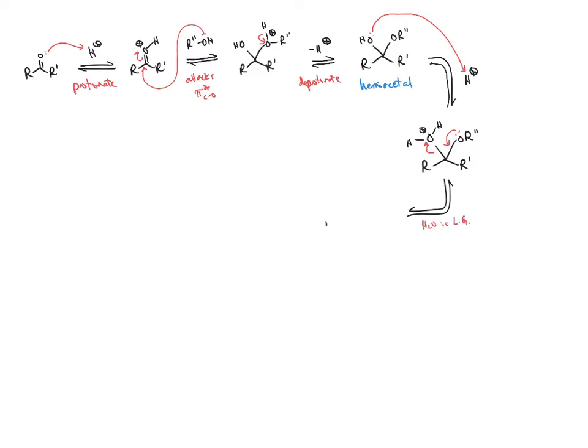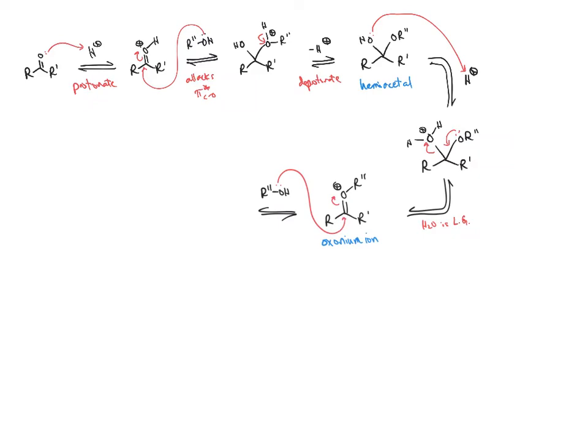And so what you're going to get is a doubly bonded system that kind of looks like a protonated system. So this is what's known as an oxonium ion. And this oxonium ion is reactive enough, its LUMO is low enough, that it gets attacked by another molecule of the alcohol, another equivalent of the alcohol.